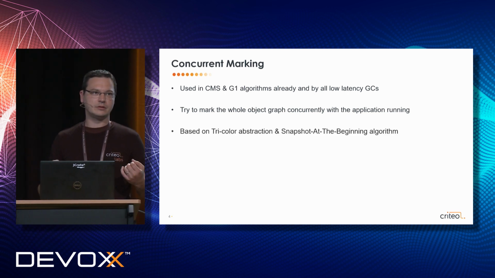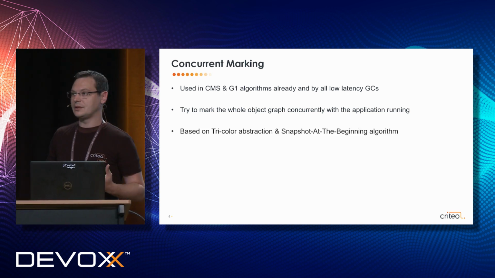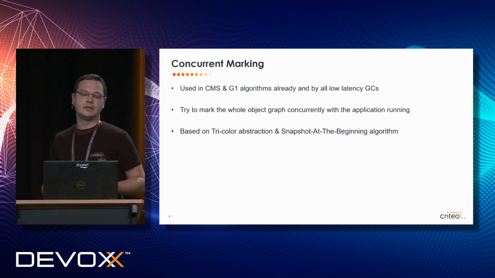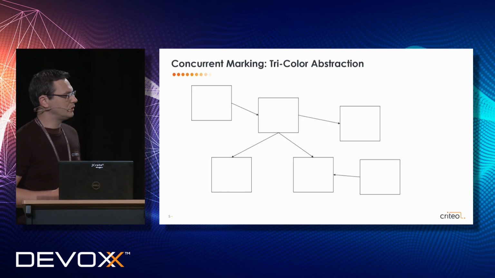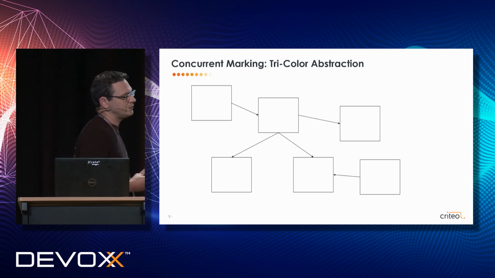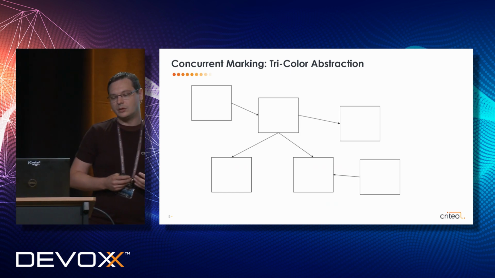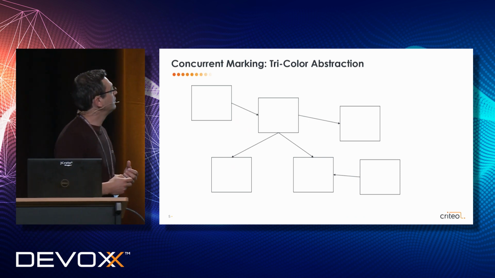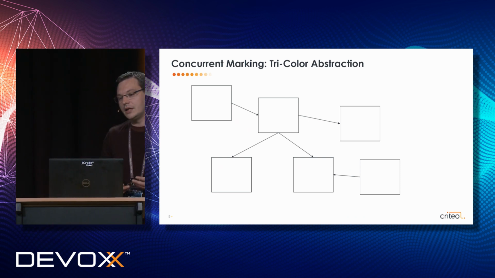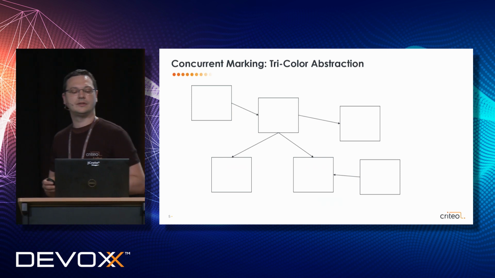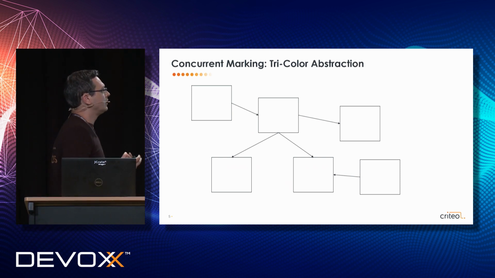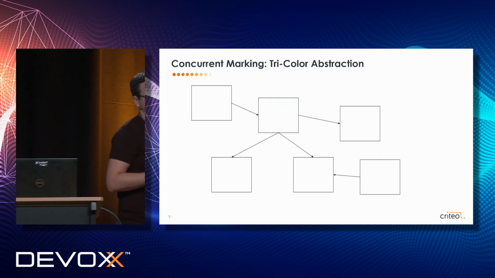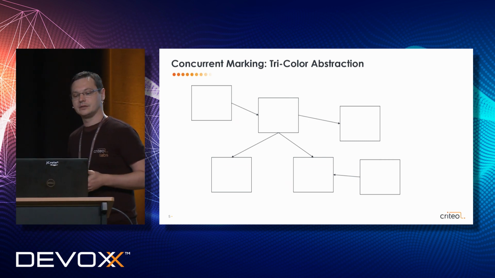It's based on the tricolor abstraction and the snapshot-at-the-beginning algorithm that we'll explain in just a few minutes. So let's take an example with this object graph. We have the GC roots on the top left, and we try to traverse this graph and mark those objects. So there are three colors: white, gray, and black.